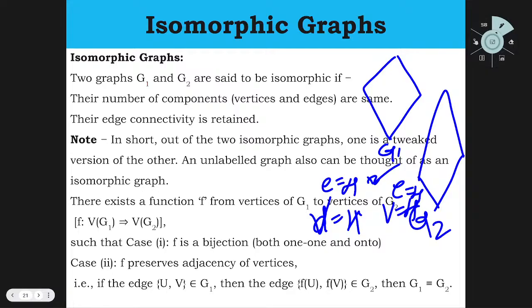If here there are 4 and this is 4, but the vertices are 3, they are not isomorphic graphs. Is that clear? Compulsorily you require 2 graphs to check whether they are isomorphic or not. Just write it down. If you have not written, please write it down.